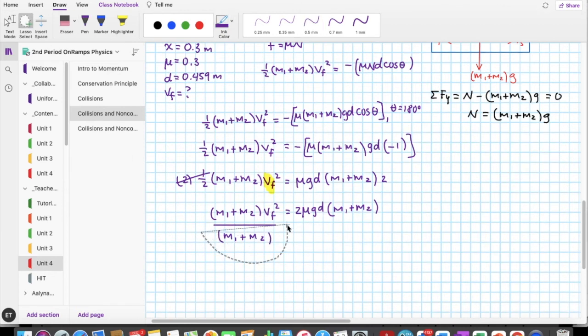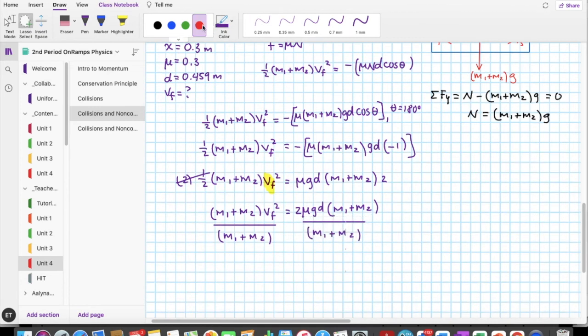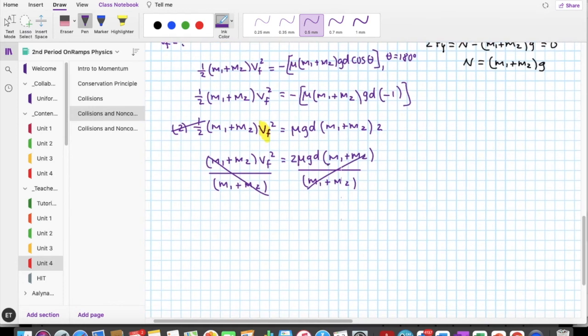I'm just going to copy this because why not. Now this is something very cool. So these cancel, but check this out. These cancel just the same.